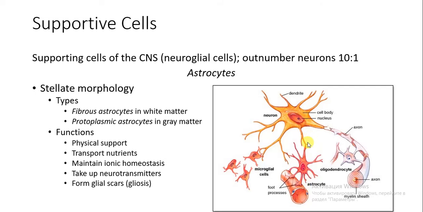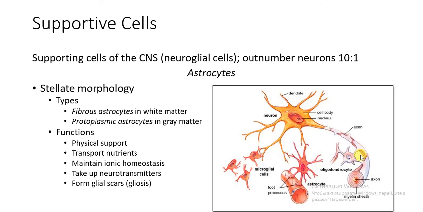If it's not good, it doesn't share it, because a neuron can die if it doesn't get a proper amount of nourishment. By shape, the astrocyte also resembles a neuron, but you shouldn't confuse it. Astrocytes are servant cells, supportive cells.